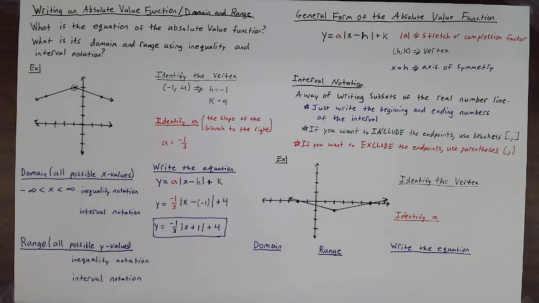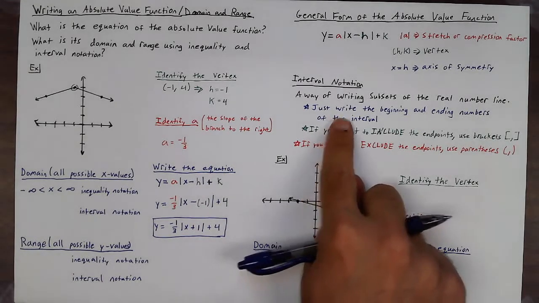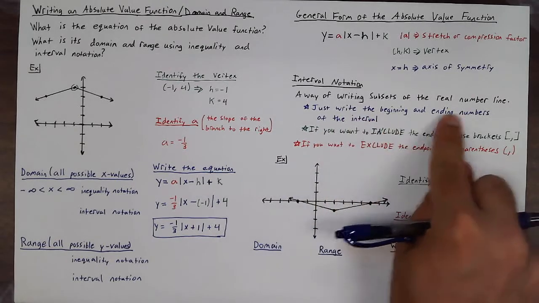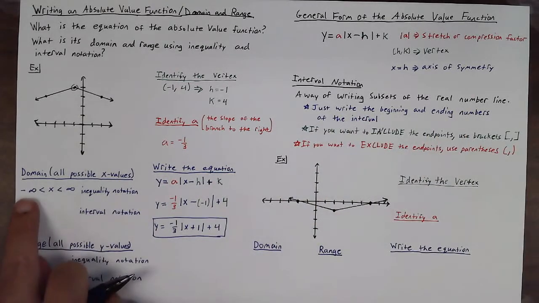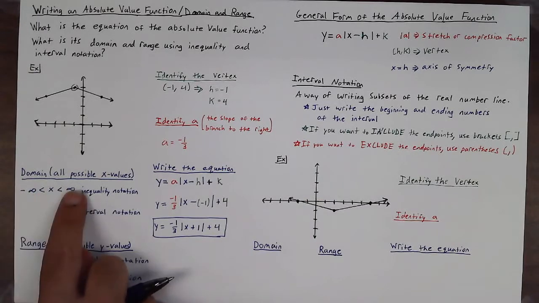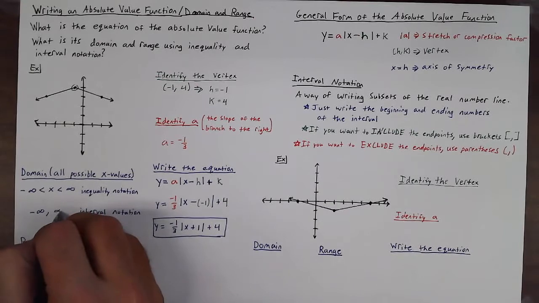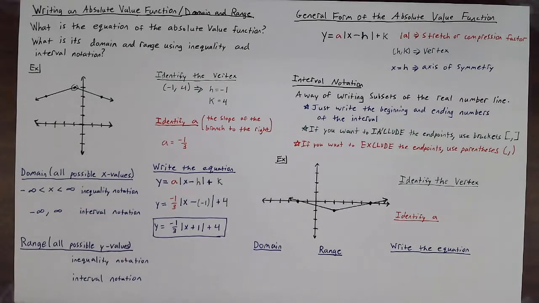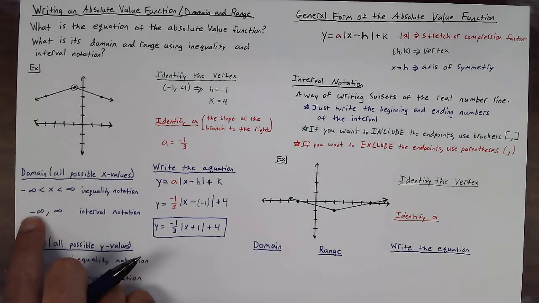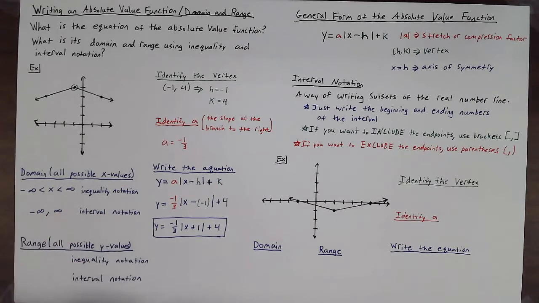Now if I were to put this in interval notation, I just simply write the beginning and ending numbers of the interval. So looking at this, it goes from -infinity to positive infinity. So I just write those two numbers. Now, do I want to include those numbers or exclude them?